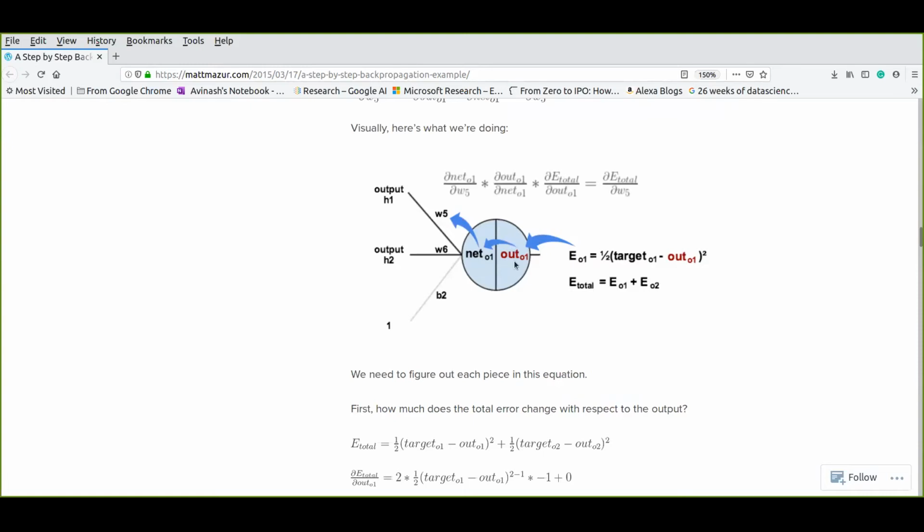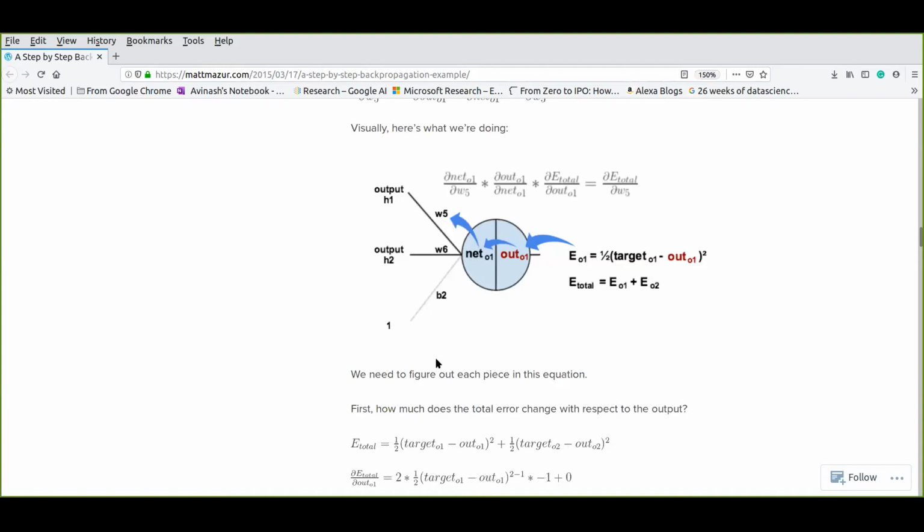We also know that output O1 depends on net O1, so we have the gradient of output O1 with respect to net O1. Then net O1 depends on W5. It also depends on W6, but right now we're only considering W5, and for partial derivatives we can assume the other things are constants. So we have the partial derivative of net O1 with respect to W5.